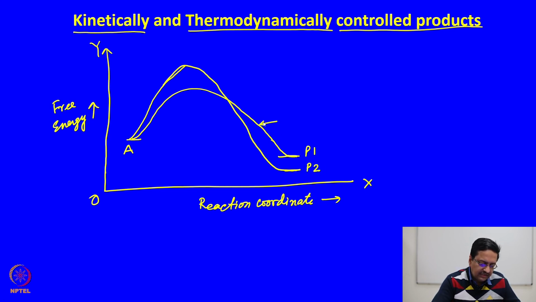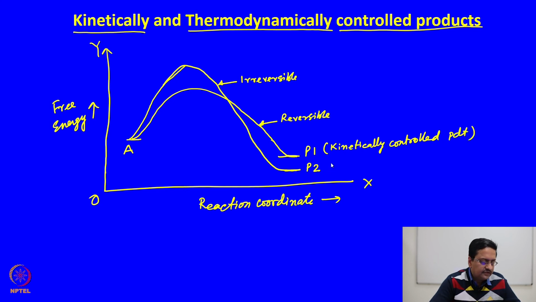So, if this reaction is reversible and this reaction is irreversible, then this product P1 is called the kinetically controlled product, and this P2 is called the thermodynamically controlled product.